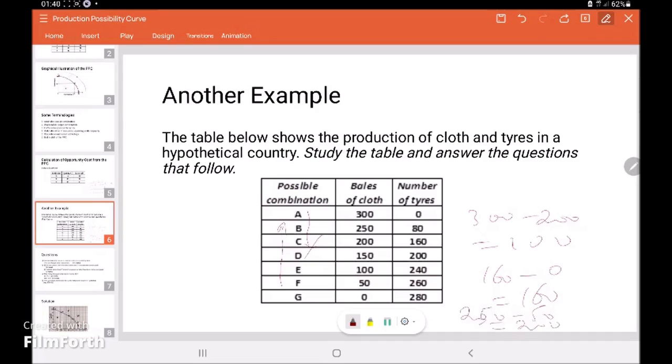In order to gain 200 units of bales of cloth, how many units of ties do you have to sacrifice? That will be from 260 to 80, so 260 minus 80. And then you are sacrificing what? 180 units of ties, in order to gain 200 bales of cloth.